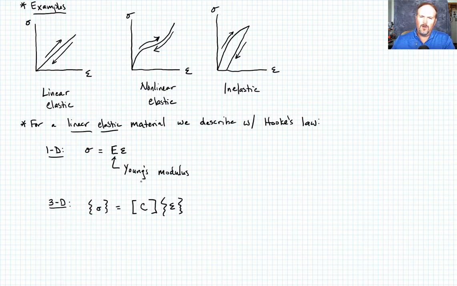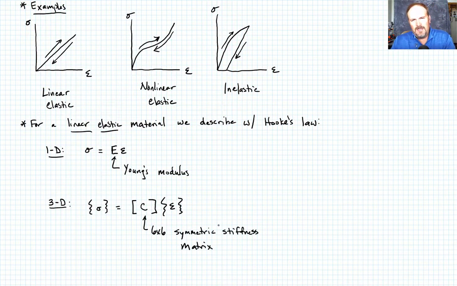Okay? Hopefully what you remember is that this matrix C is a 6x6 symmetric stiffness matrix. Okay? I deliberately don't say tensor because that 6x6 matrix is actually not a tensor.